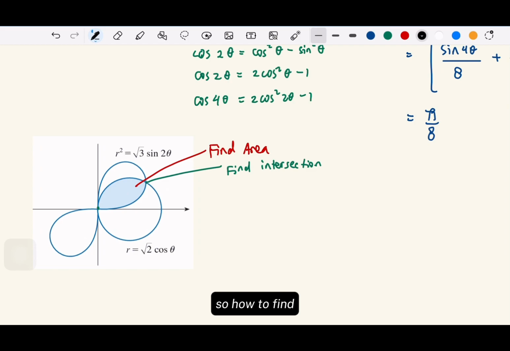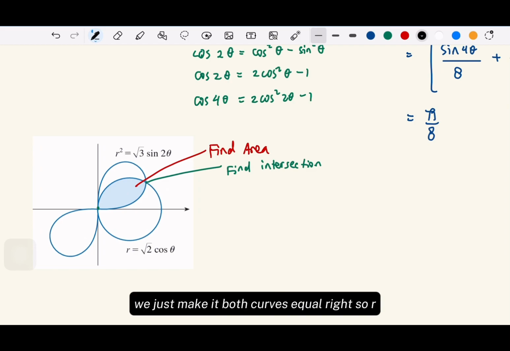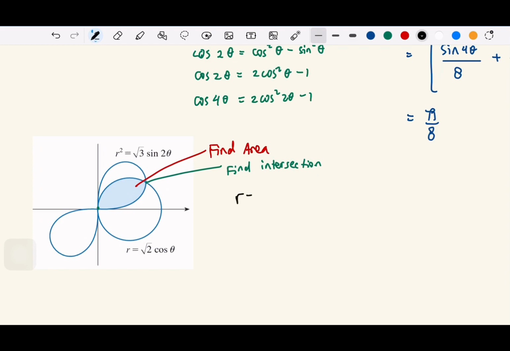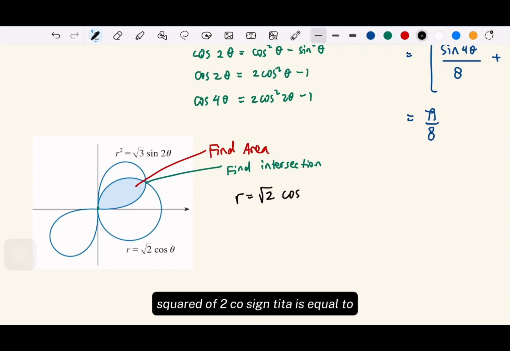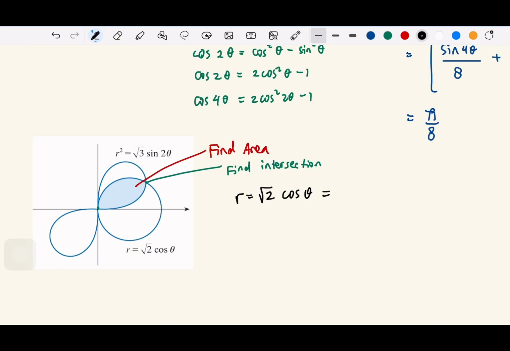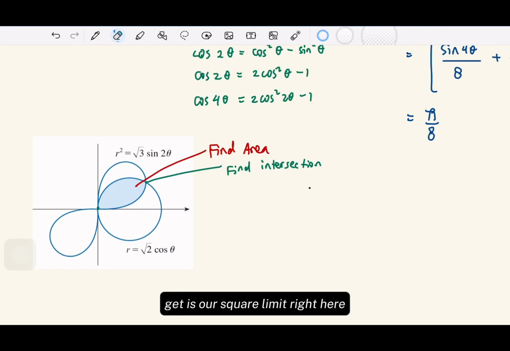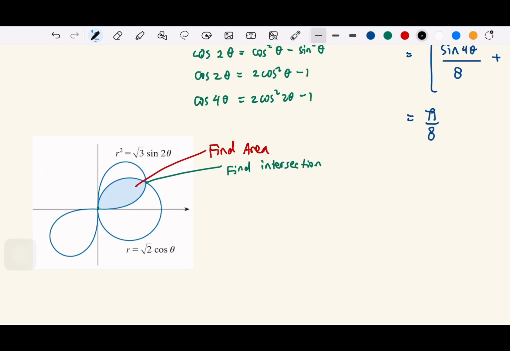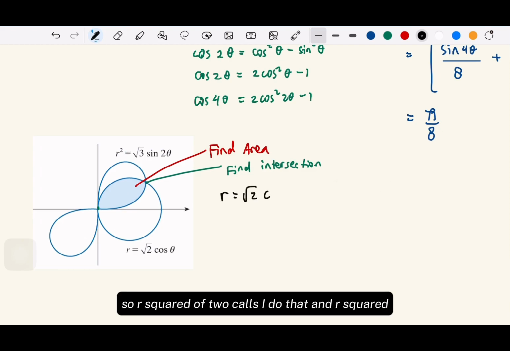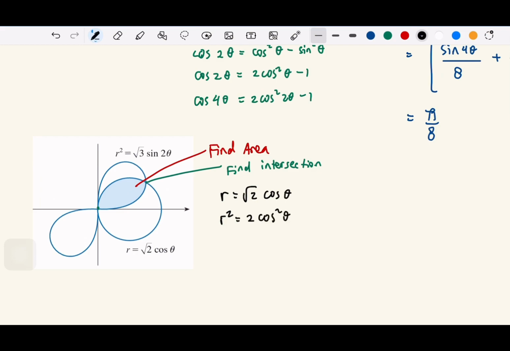How do we find it? We just make both curves equal. So r equals square root of 2 cosine theta, or because the lemniscate is r squared, let me write here: r squared, so we square it, 2 cosine squared theta.